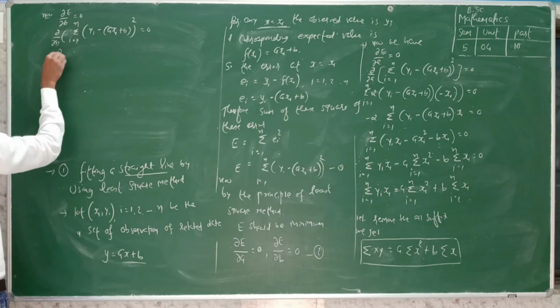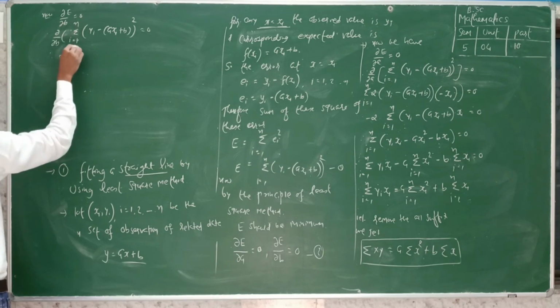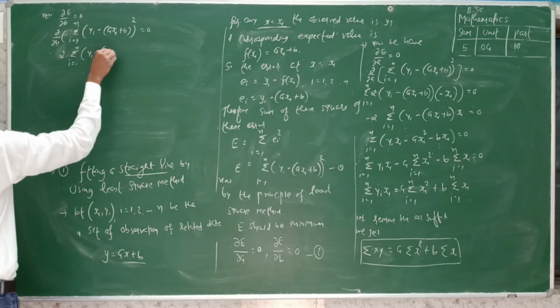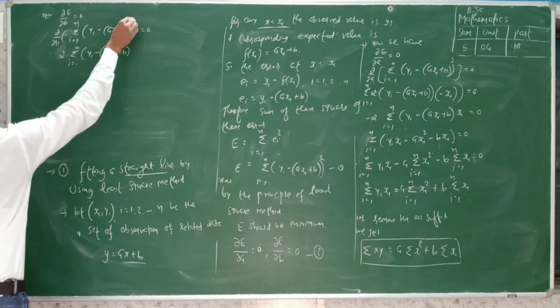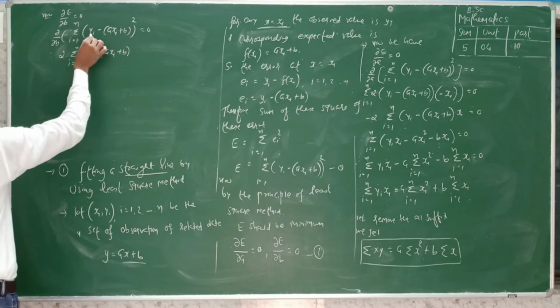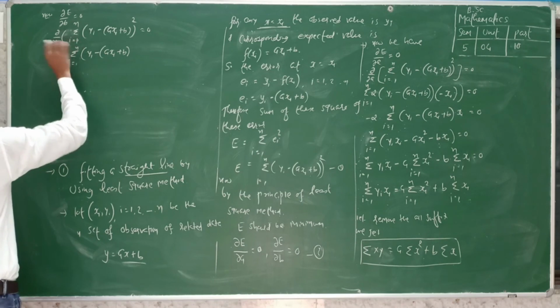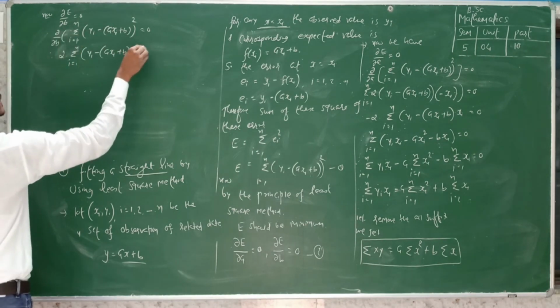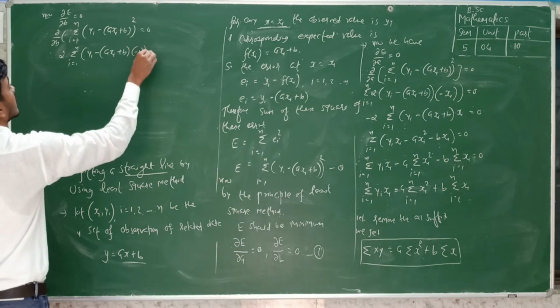So 2 into sigma i equal to 1 to n of (yi minus (a xi plus b)). The 2 comes in front, and yi with respect to b is 0, minus a xi with respect to b is 0, minus b with respect to b is minus 1, is equal to 0.